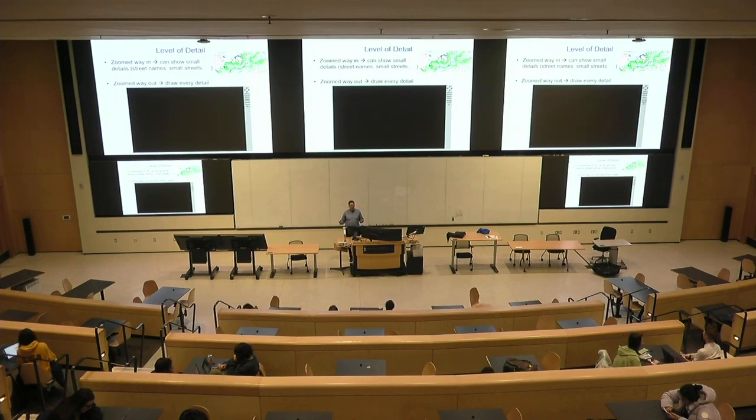If you draw every street and every name and you're zoomed way out, well, Toronto has, I think, about 20,000 streets. So if I draw 20,000 names, it has tens of thousands of points of interest and so on. If I start drawing 100,000 pieces of text on the screen, I'm not going to be able to read any of it, right? It's just going to be a giant mess. So if I'm zoomed way out, I shouldn't be trying to draw everything.